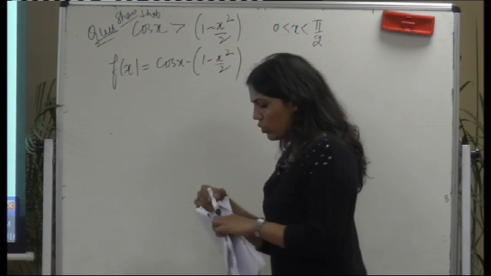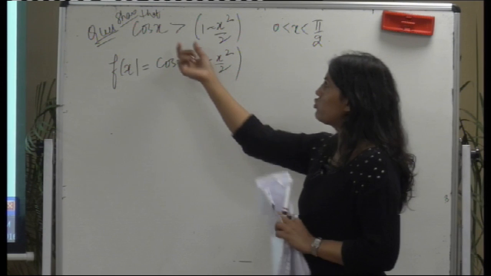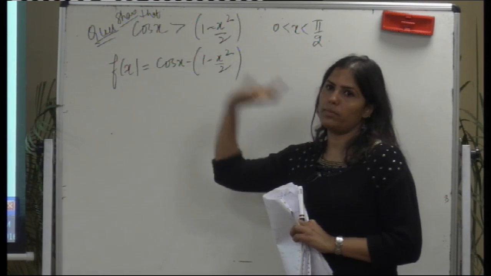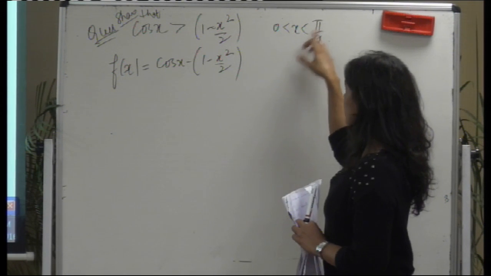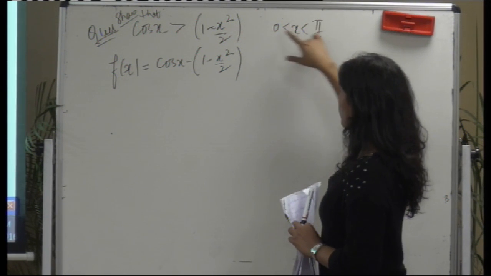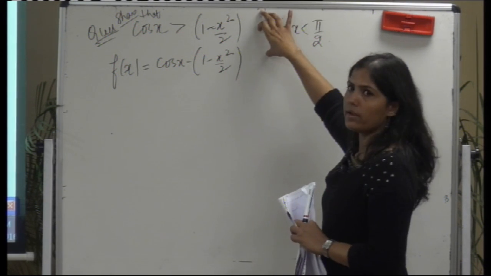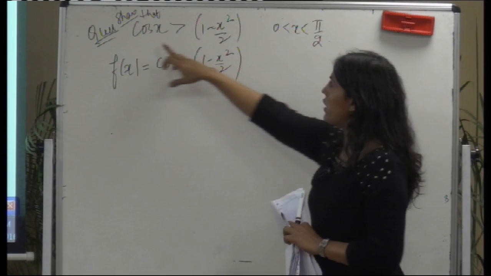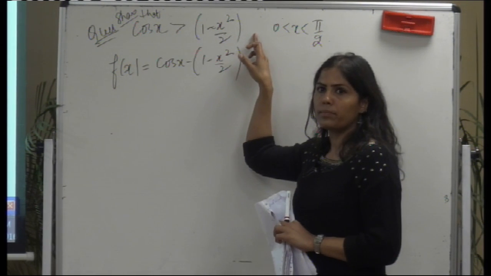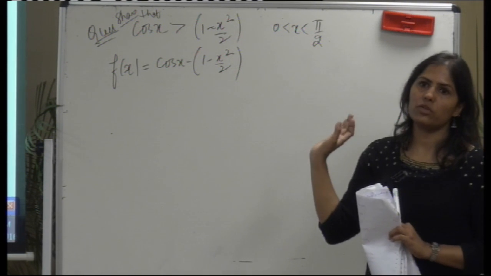If I am able to show that this function is increasing, my purpose will be solved. If it is increasing, then for 0 less than x less than pi by 2, f of pi by 2 will be greater than f of 0. So for these values, I have to show cos x greater than this. Ultimately, I have to show that this function is increasing.